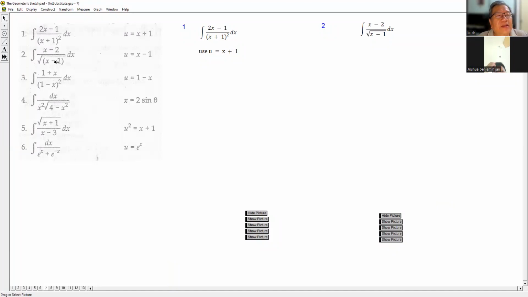Then for this one, you use x minus 1, then 1 minus x. You see that this x plus 1 is actually what is inside the bracket. X minus 1 is actually what is inside the bracket. 1 minus x is actually what is inside the bracket.